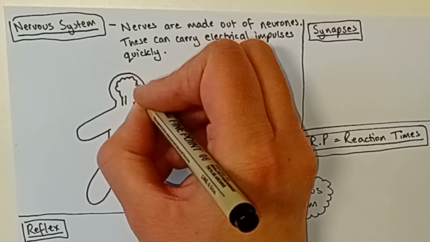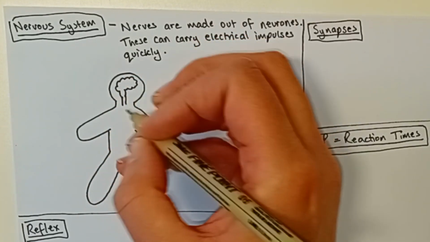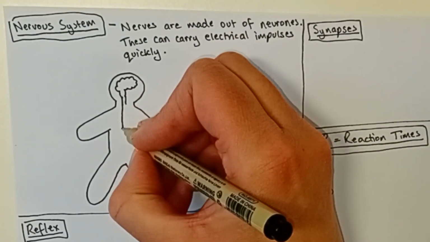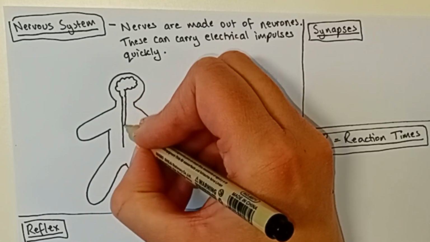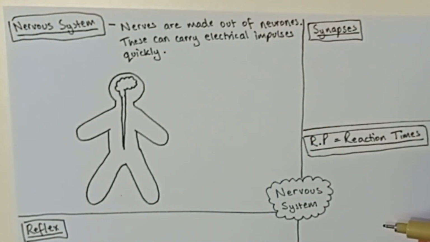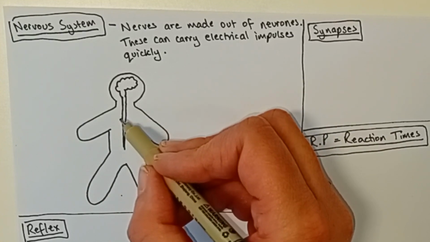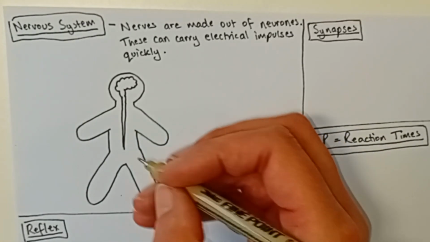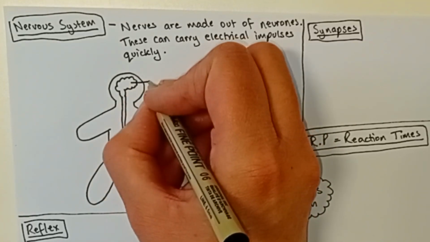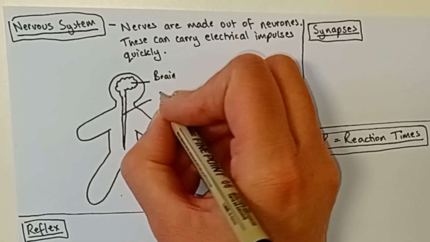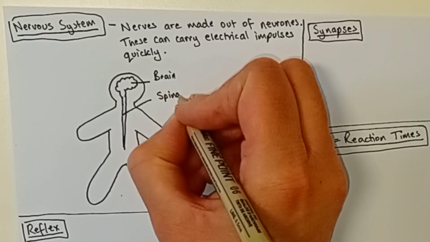I'm going to draw the brain here, always looks a bit like a tree, and that attaches directly onto the spinal cord. It's important that you know the difference between the spinal cord and the spine. The spinal cord runs down the middle of the bone. The spine is bone. So you must always put brain and spinal cord. Don't miss off the cord.